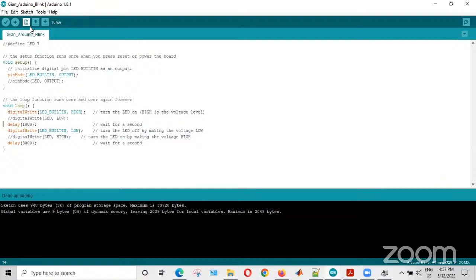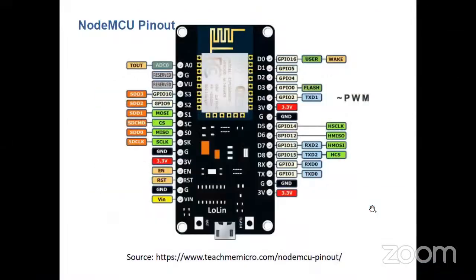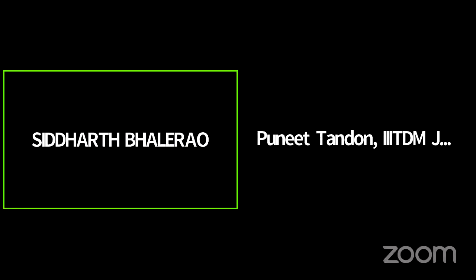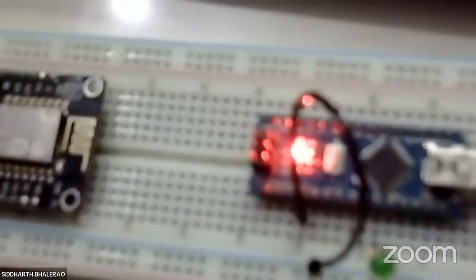So I am again starting the camera. You can see on the Arduino board, one LED is already glowing and the other LED is stopping and glowing.